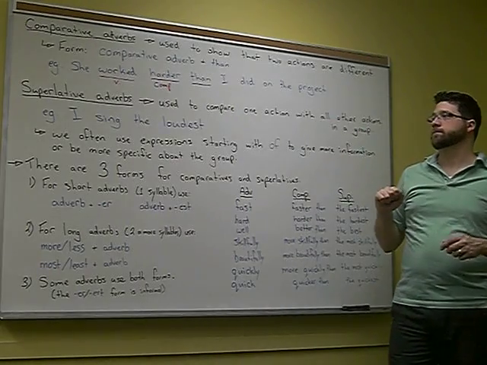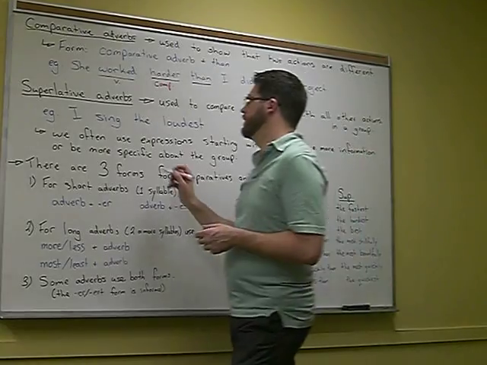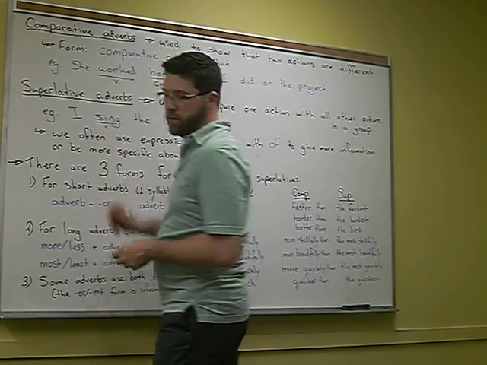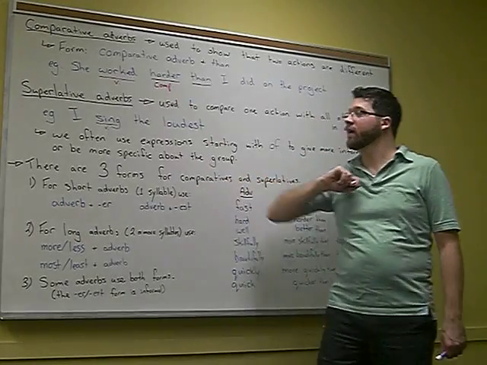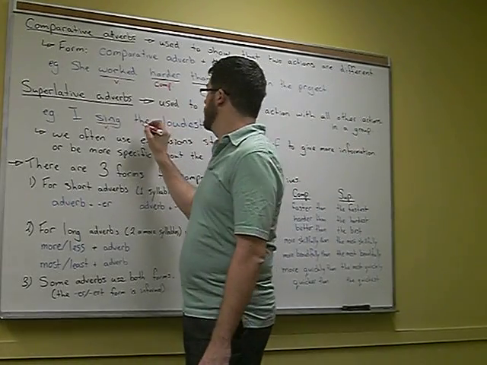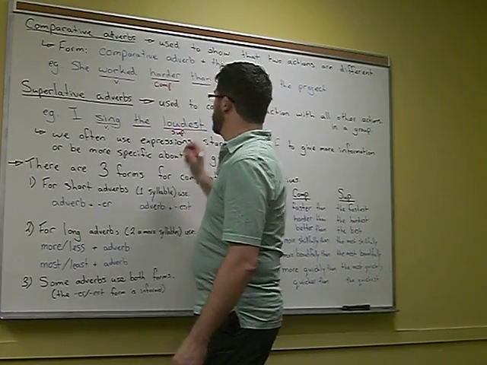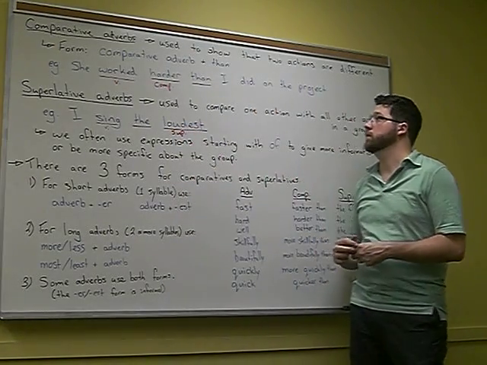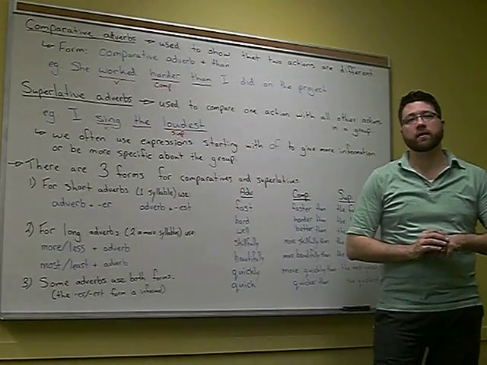So, for example, if I say, I sing the loudest, our verb here is sing. I sing the loudest. This is our superlative form. So I sing the loudest.